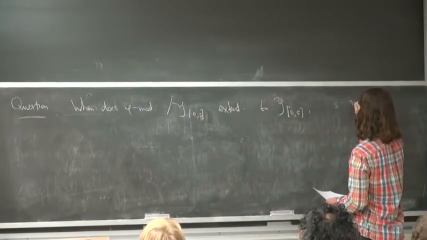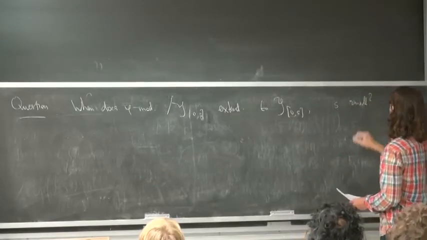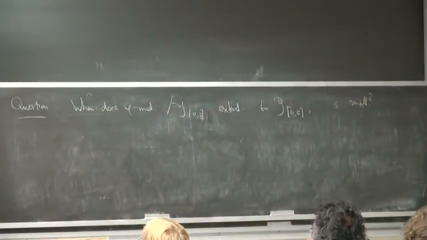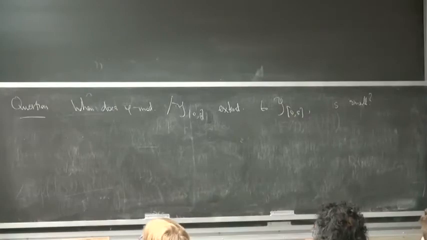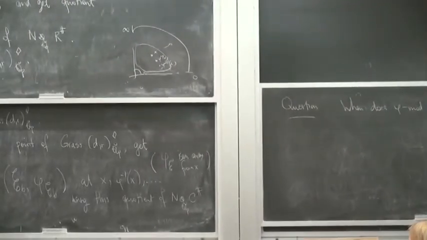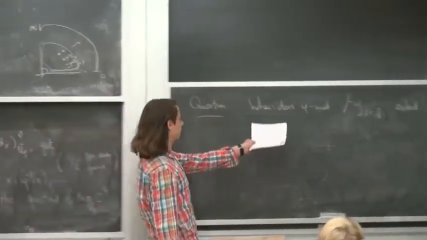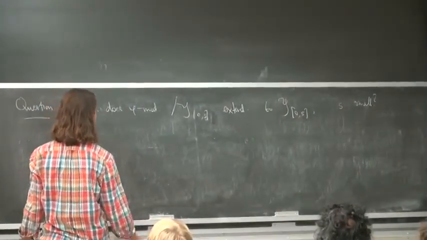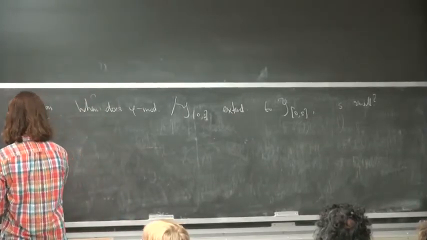So if you're restricting to now some small neighborhood of this point, from 0 to s, phi will be an isomorphism. So we're getting a vector bundle with a phi-linear isomorphism there, and we want to extend it to the whole thing.